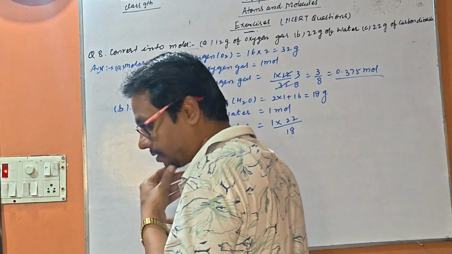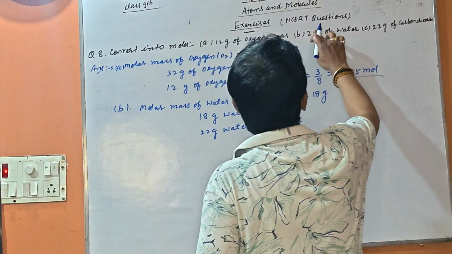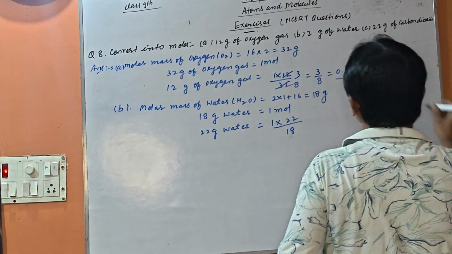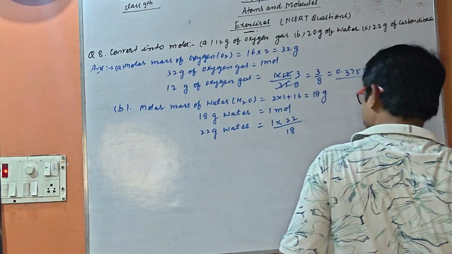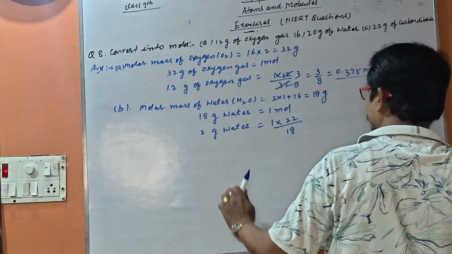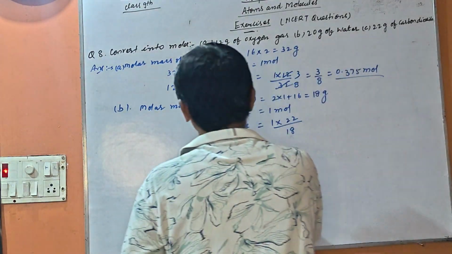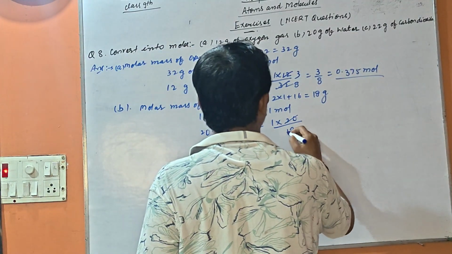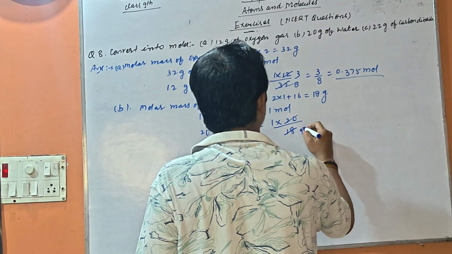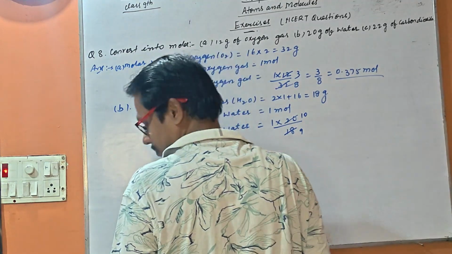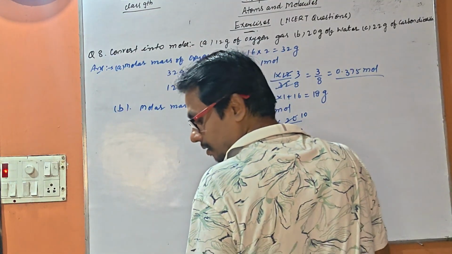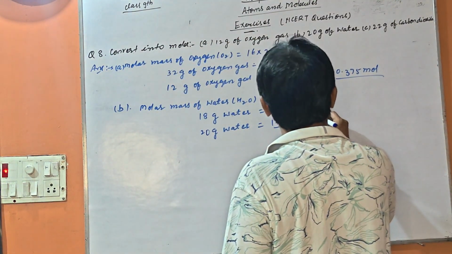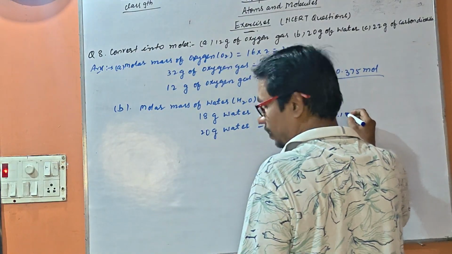The question has 20 gram of water, so there was a mistake in what I wrote earlier; we write here 20 gram of water. So 10 by 9 is equal to 1.11 mole.